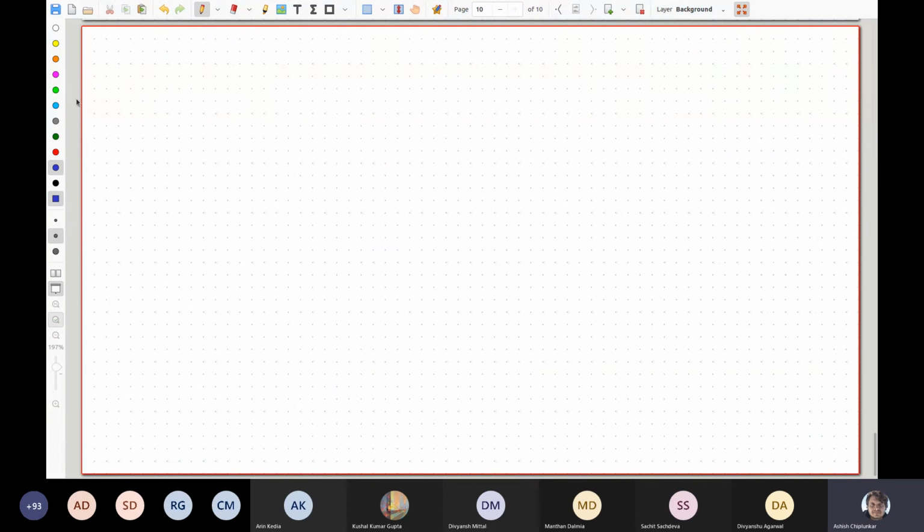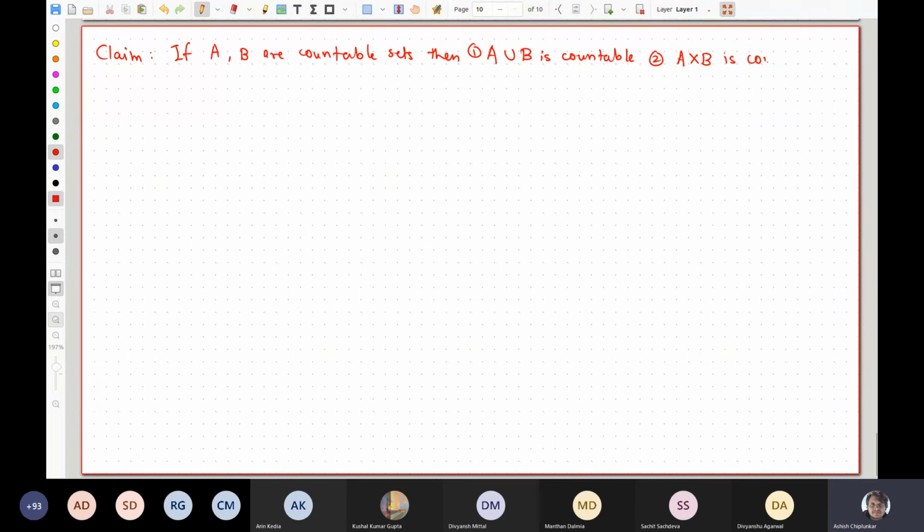Prove the following claim: if A and B are countable sets, then A union B is countable, and part 2, A Cartesian product B is countable. These are going to go into the tutorial.